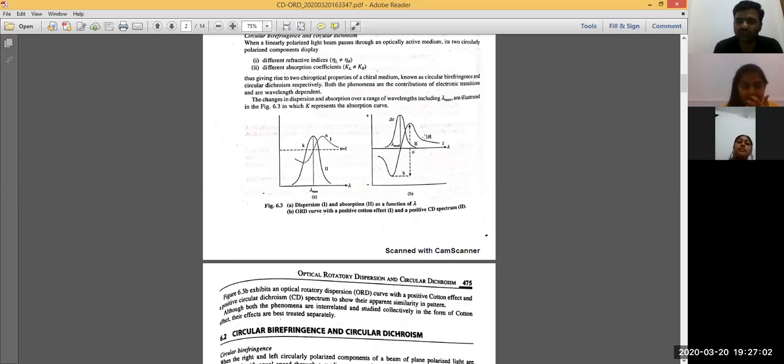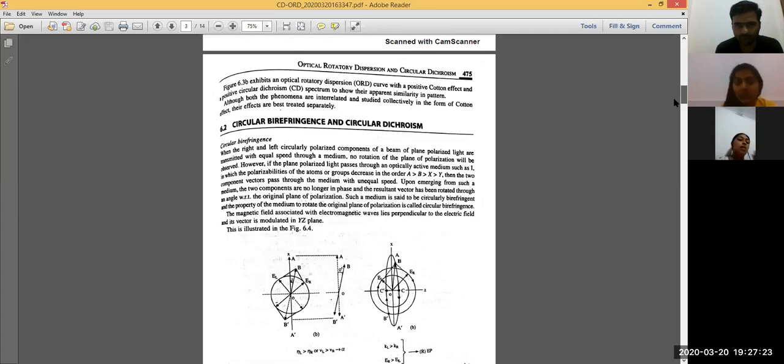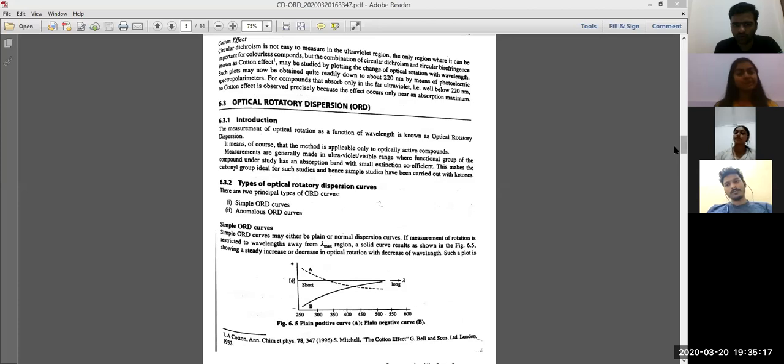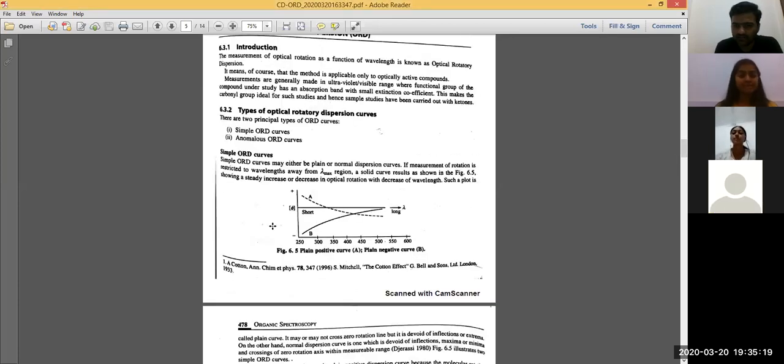Here, in this case, the instrumental technique is optical rotatory dispersion, because you are making a plot of phi against lambda, and the principle behind this is basically circular birefringence. Is that okay? So a plot of phi versus lambda is nothing but an optical rotatory dispersion.